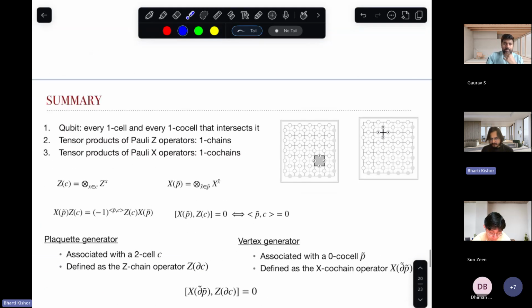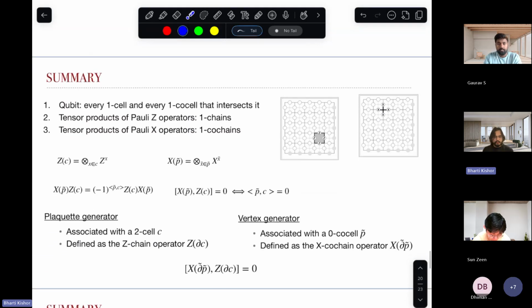So let's summarize this. A qubit is basically every one cell and every one co-cell that intersects it. A tensor product of Pauli Z operators is a one chain. A Pauli X operator is a one co-chain. The inner product relation between them, like the P tilde and C, tells you whether they commute or not.